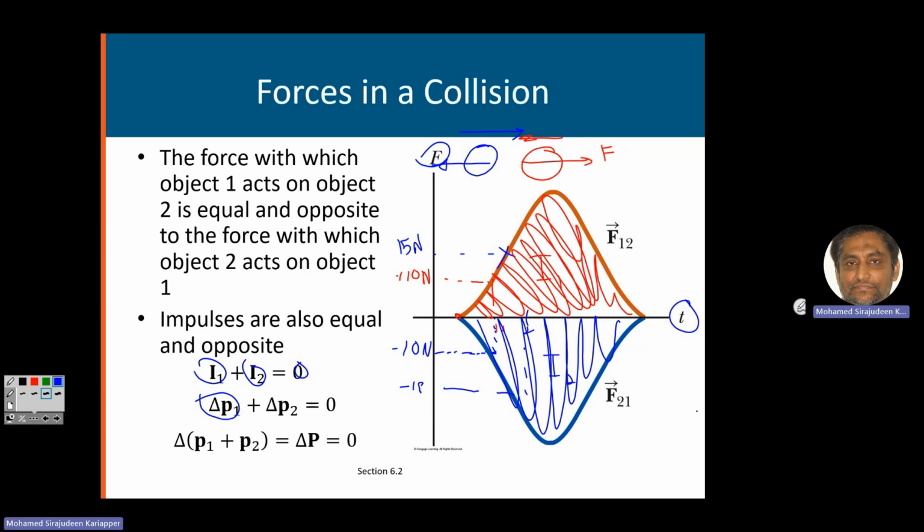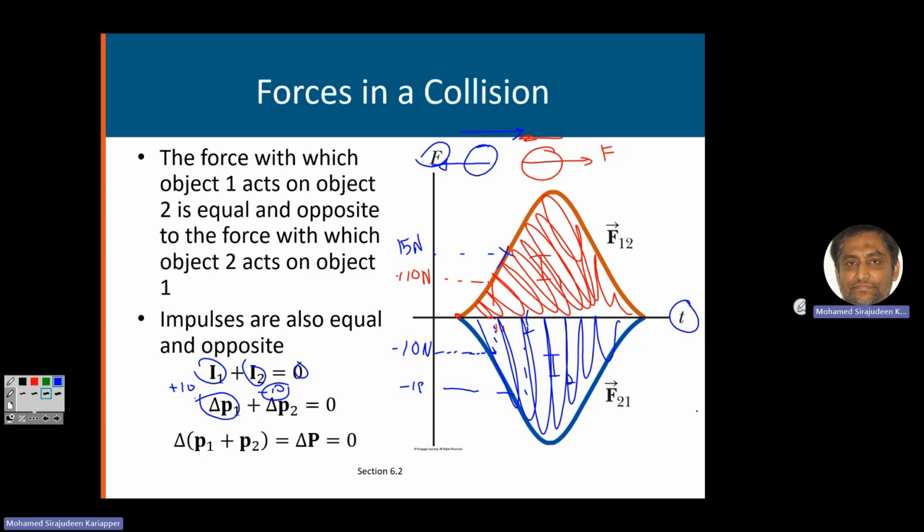You substitute that value, and you get delta P1 plus delta P2 is equal to 0. That means, suppose for the blue ball, after collision it changes its momentum, right? The velocity changes, which means the momentum changes. So maybe 10 units of increase, let's say. That means the other ball has lost 10. So the total change is 0.